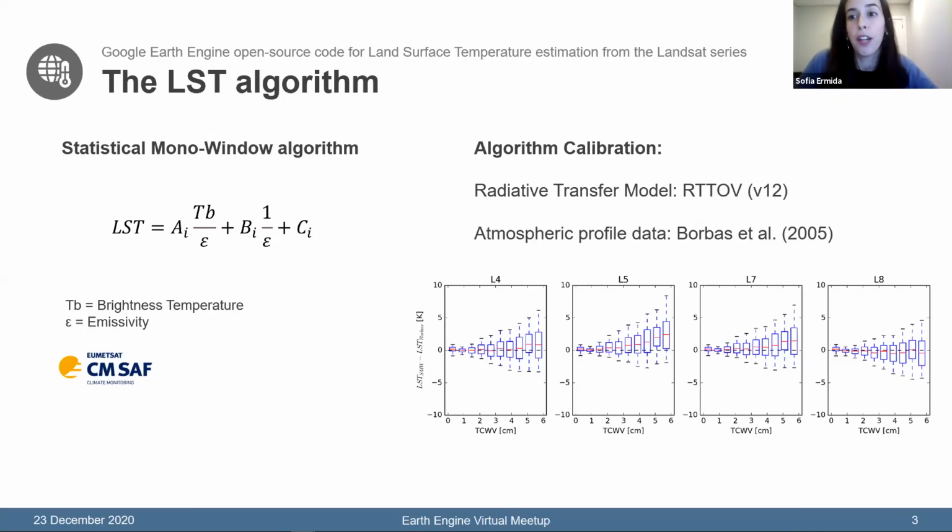So when you have two channels, you can work with the difference between the two channels to try to solve this limitation of the signal. But when you have only one channel, it's natural to have higher errors as you go towards higher concentrations of water vapor.